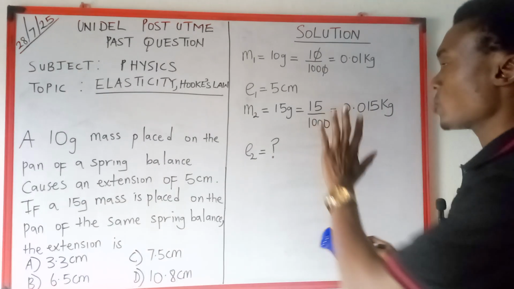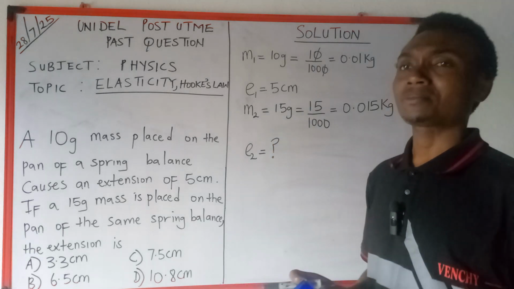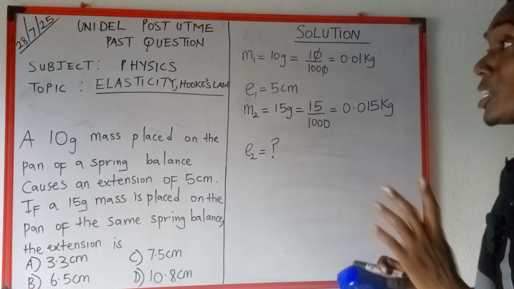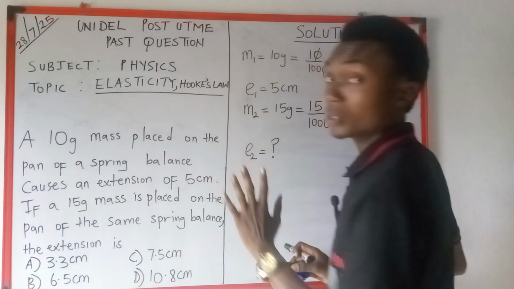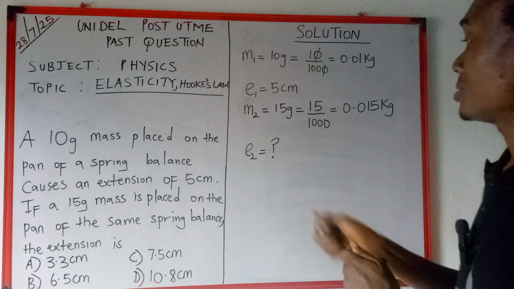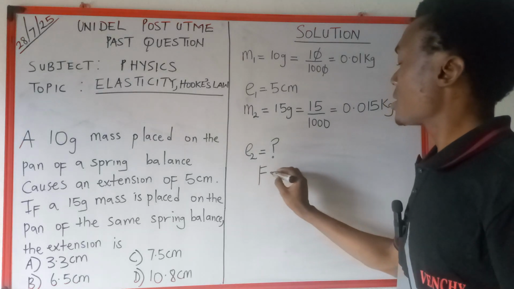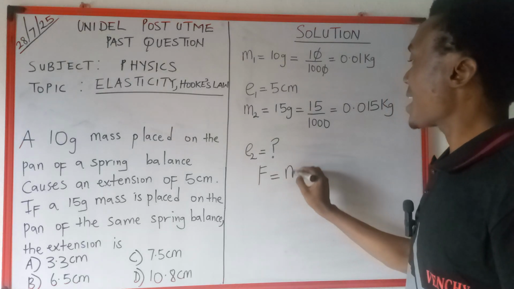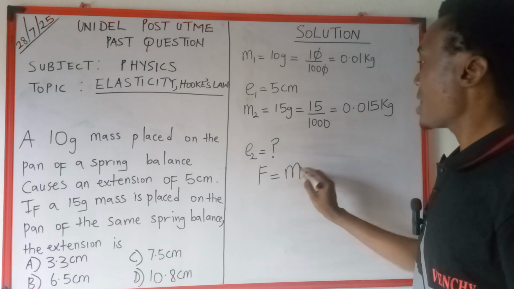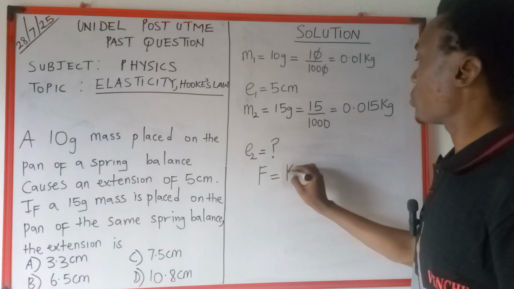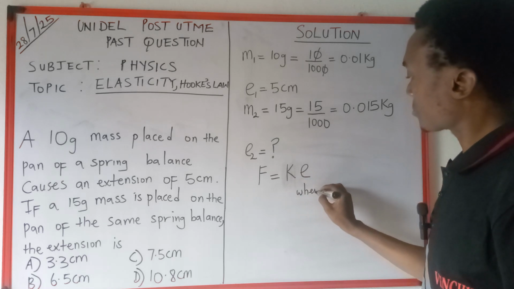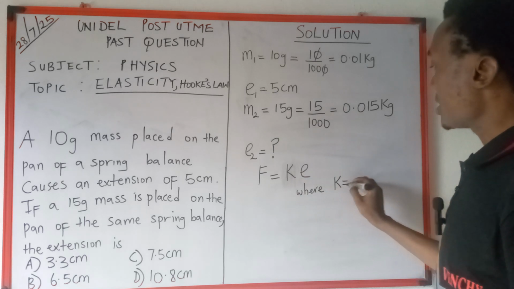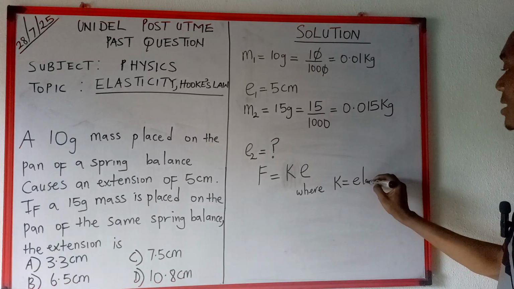Now, when you get to this point, don't get confused. Take note: this question is related to Hooke's law. And Hooke's law states that F is equal to KE, where K is the elastic constant.